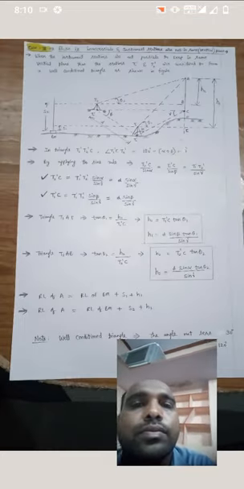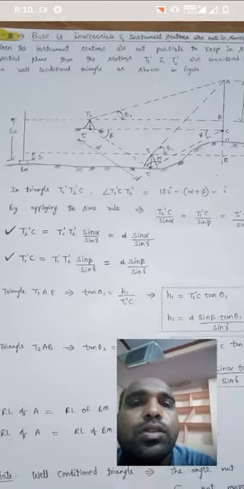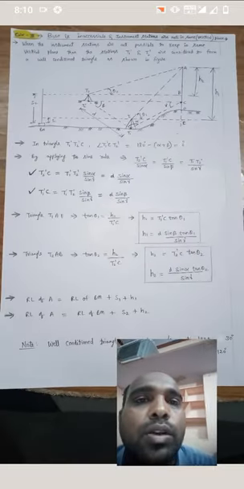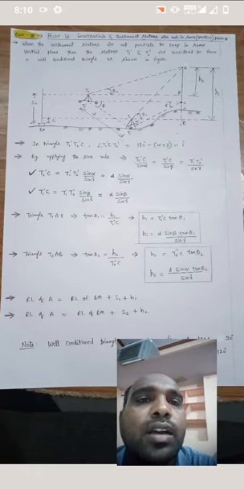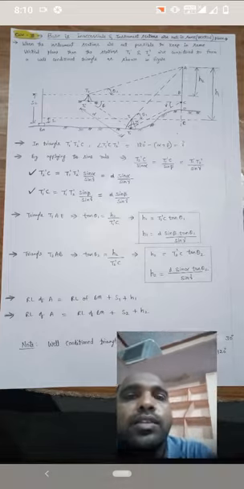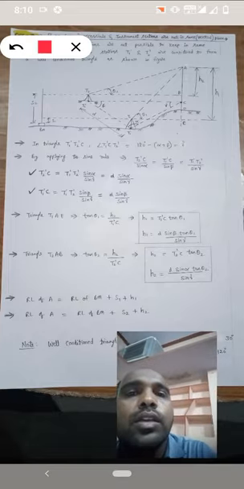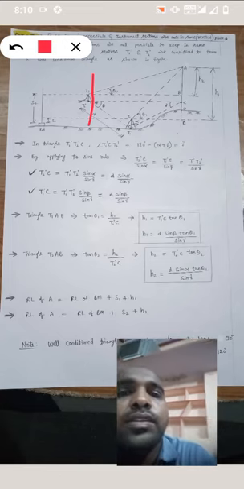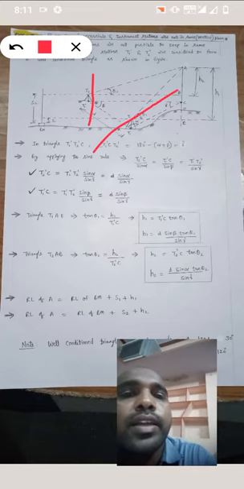So next, this is very important here. The base is inaccessible and the instrument stations are not in the same vertical plane. The instruments are not in the same vertical plane: one is vertical, while another is in an inclined plane.